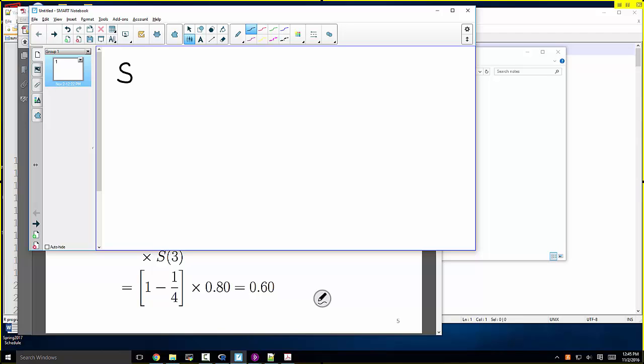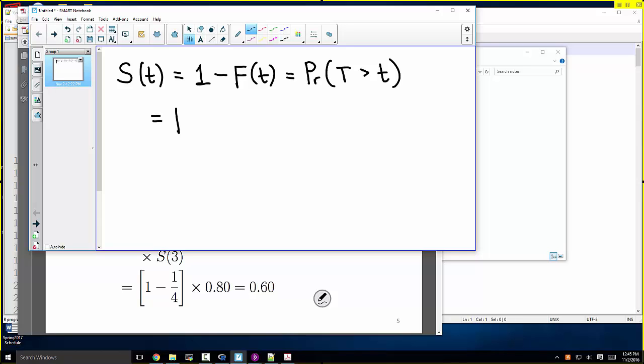The survival probability at time t, this is 1 minus the CDF at t, or in other words, the probability that T is bigger than little t. And we can write that last expression as a joint probability. So we can write this as the probability that the individual survives until time t.